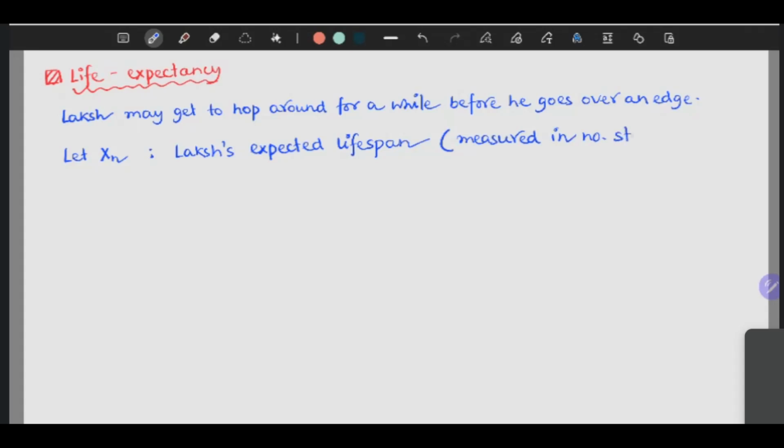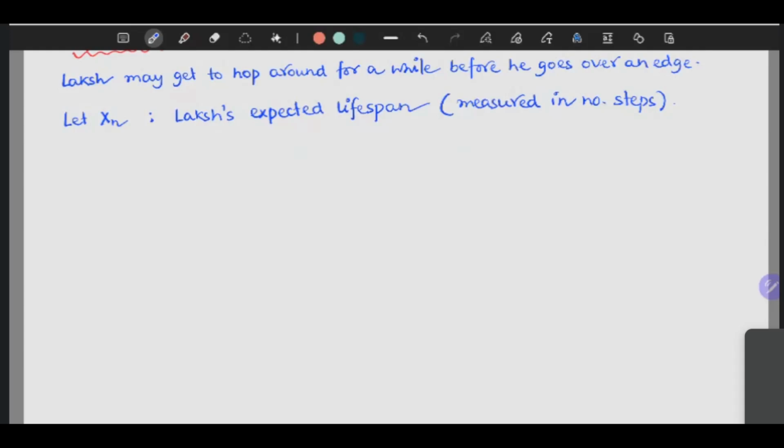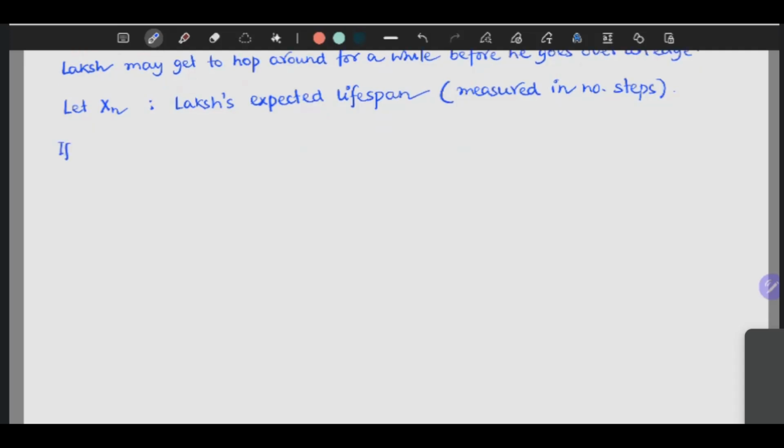So if he starts at either edge of this island, then he dies immediately, right? Because on either edge death is waiting for him.